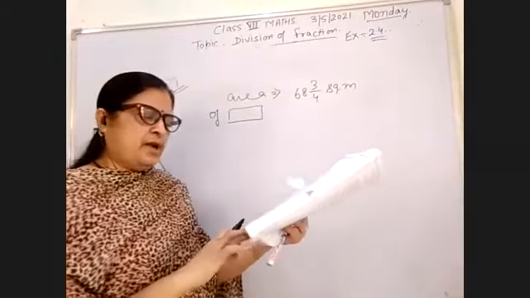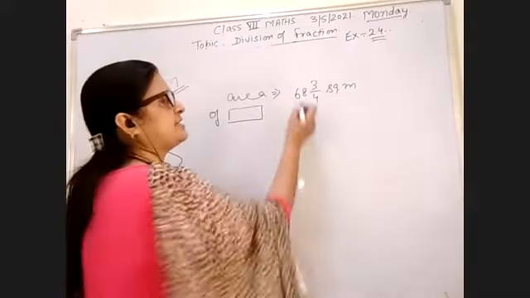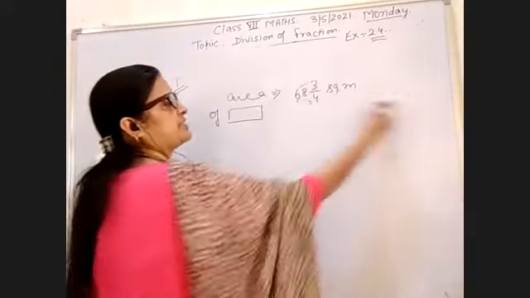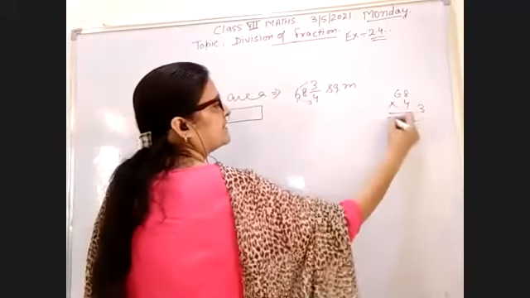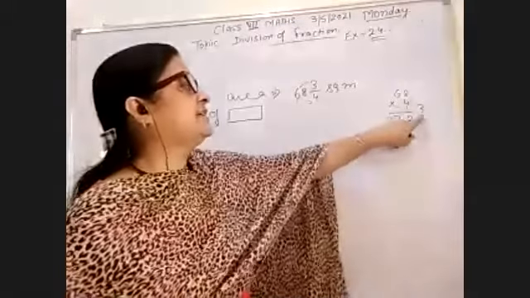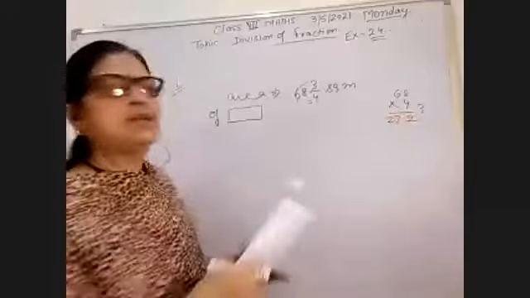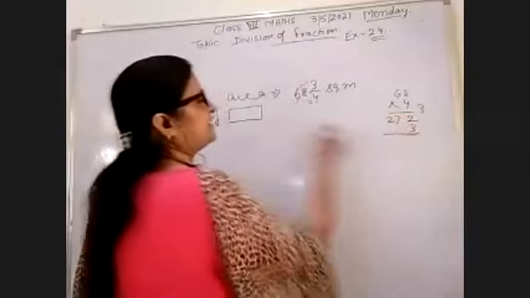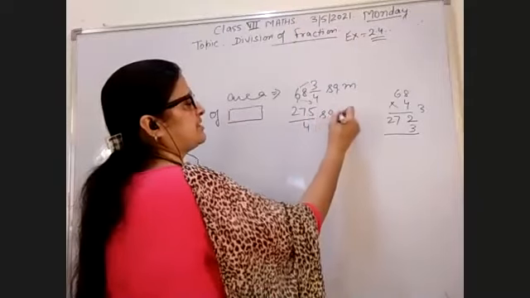Now you have to change 68:3/4 into an improper fraction. 68 multiplied by 4 is 272, plus 3 is 275, so you get 275/4 square meter.